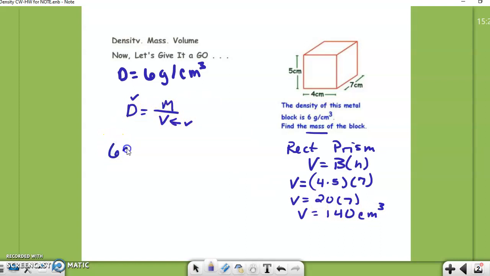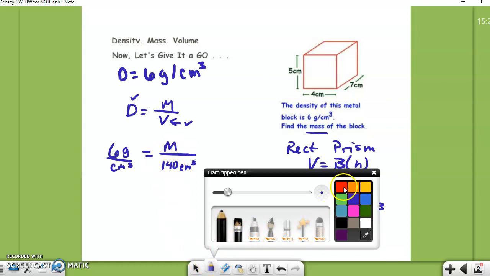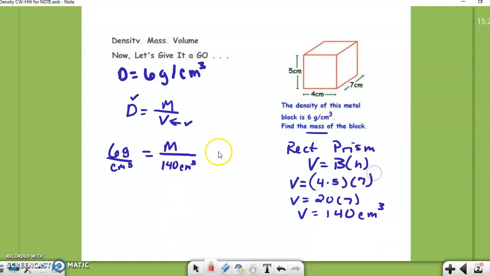So I can have my 6 grams per cubic centimeters equals, I'm looking for my mass, and then I have 140 centimeters cubed. Okay, let's think about how can I get the 140 centimeters cubed out of the denominator there. I would want to multiply. So if I multiply by 140 centimeters cubed, that would cancel.